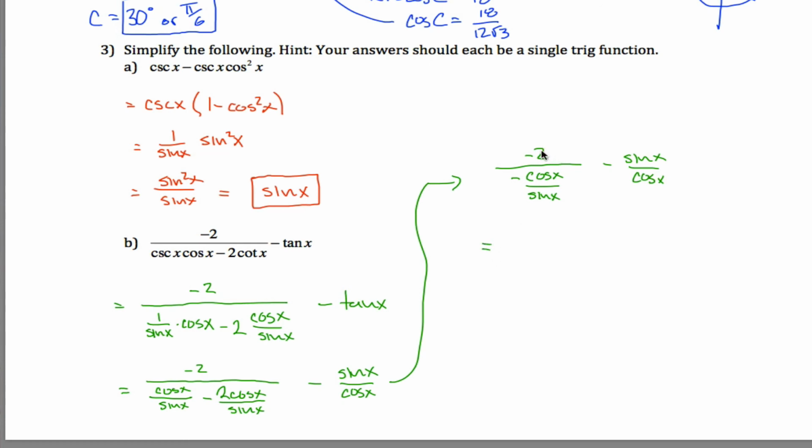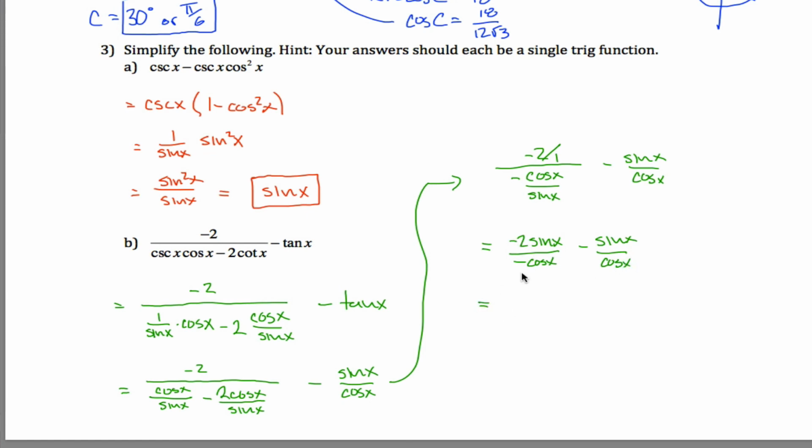So if you think about this as negative 2 divided by 1, in fact I almost wish I had written it like that, negative 2 over 1, you can take the reciprocal of this to divide these two fractions and get negative 2 sine of x divided by negative cosine of x minus sine of x over cosine of x.